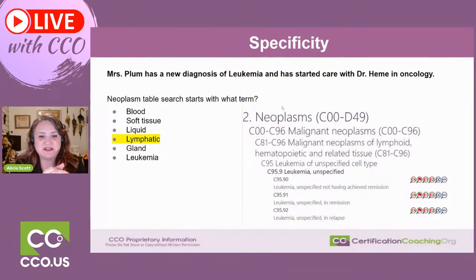Continuing with specificity, I wanted to show you an example of another reason that we need to know those bullets. The example I wrote out just real quick was Mrs. Plum, that's from the movie Clue, by the way, has a new diagnosis of leukemia and has started care with Dr. Hemi in oncology. So, how would you code that?